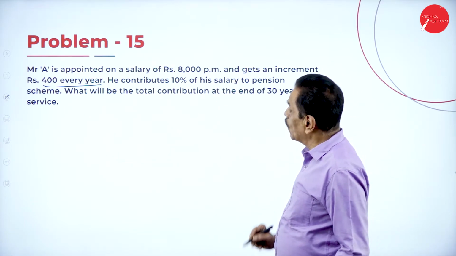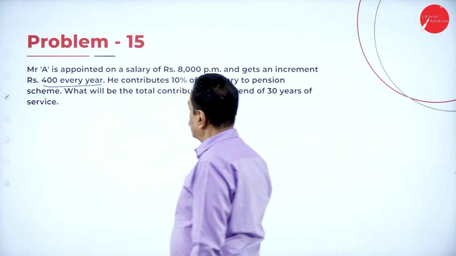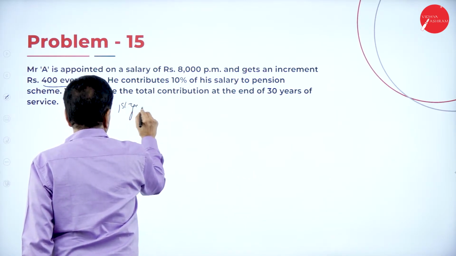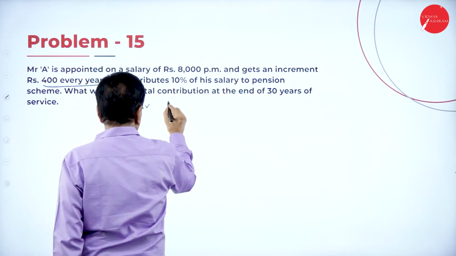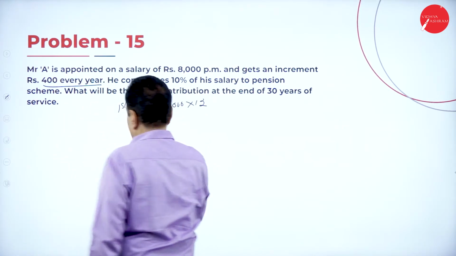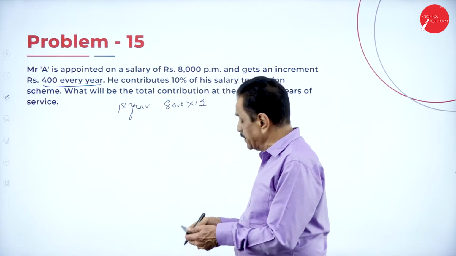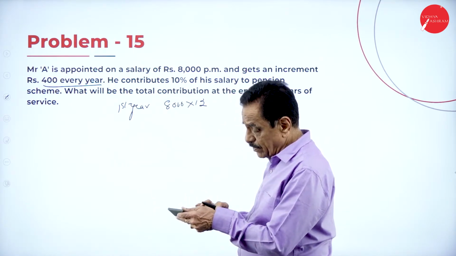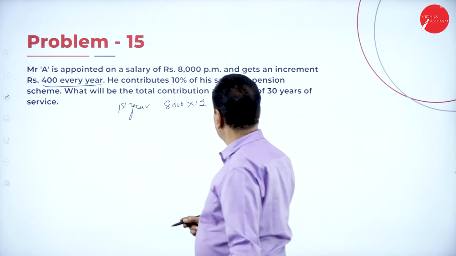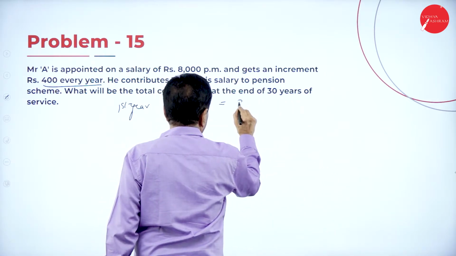So per month is 8,000. First year, 8,000 into 12 is 96,000.